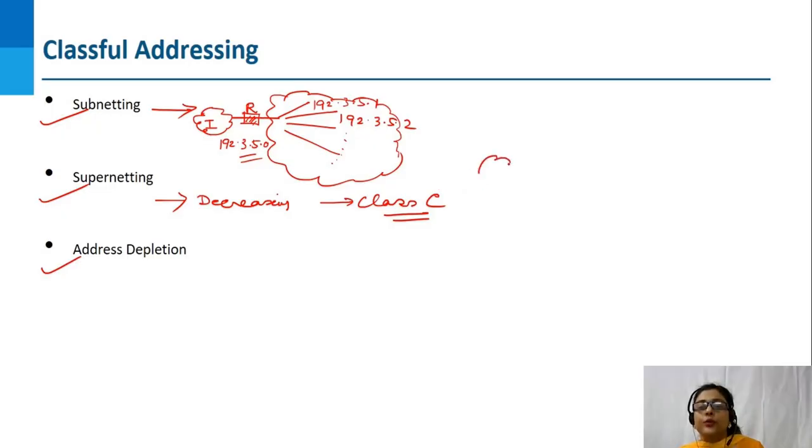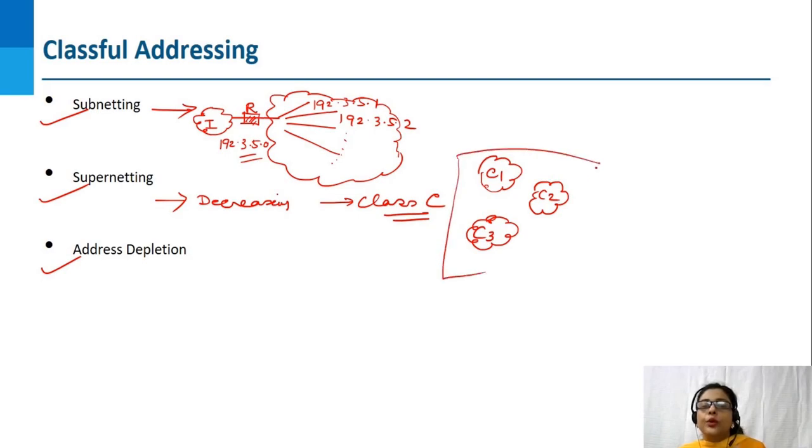So what we can do is combine several class C addresses, like class C 1, 2, 3. You can combine them to use for your organization, and this is known as supernetting.